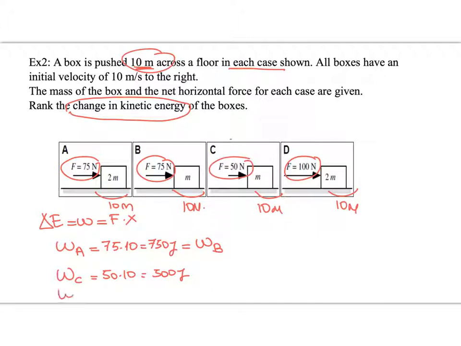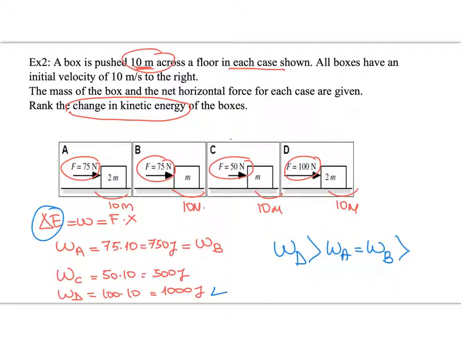So the work done on D is equal to 100 times 10, 1000 joules. So you see here that the work done on D is bigger, so its kinetic energy change is bigger than A, which is equal to B, and it is greater than C.